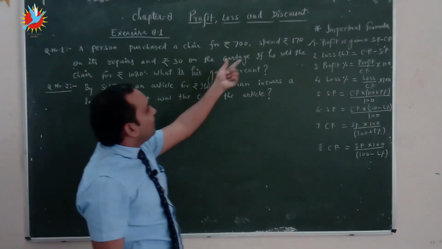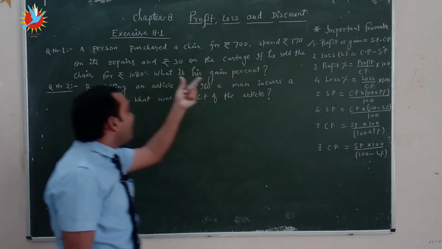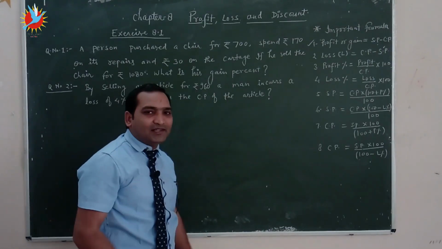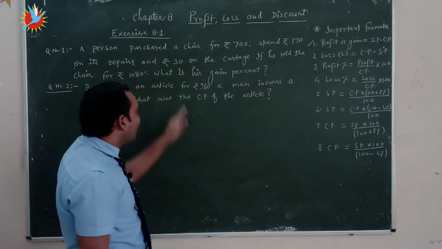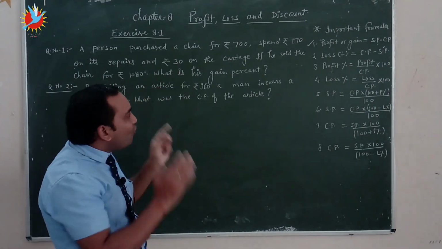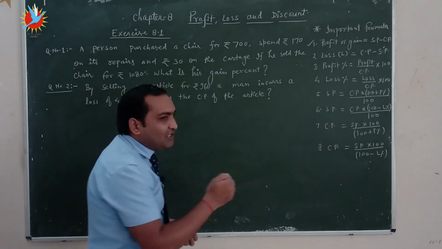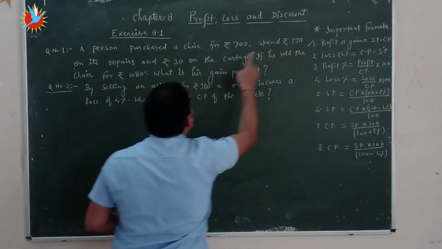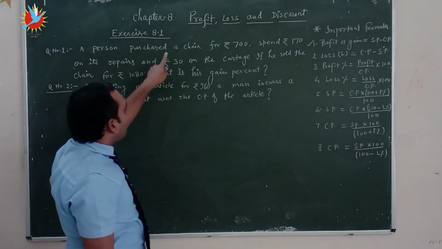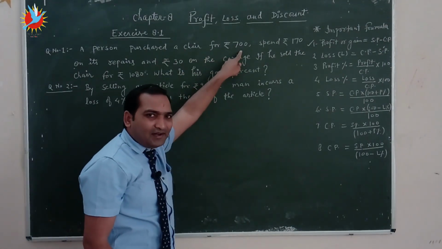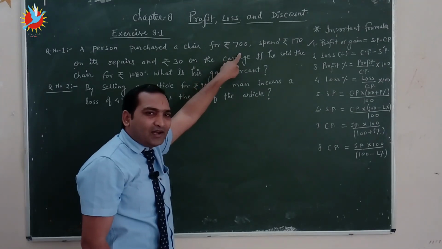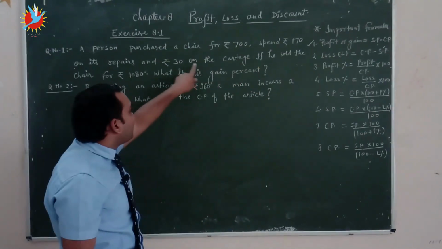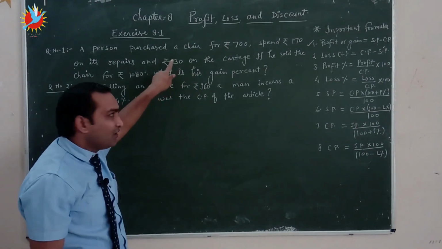Whatever he is spending, 170 on repairs and rupees 30 on the cartage, this is overhead charge. So the total overhead charge he spent on the chair is 170 and 30. So the actual cost price is 700 and the overhead charge is 170 plus 30, that is 200.